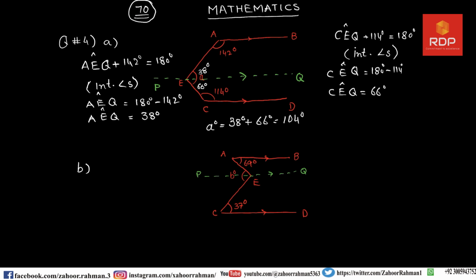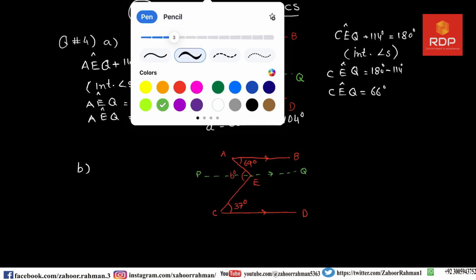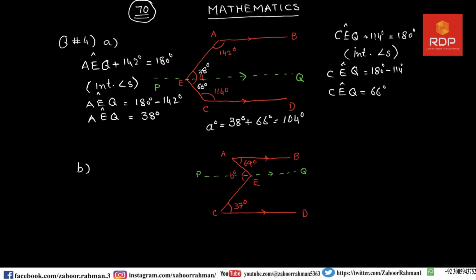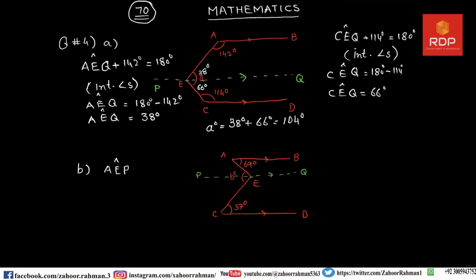So let's do it. First of all, we are finding the value of the first part. Let us say AEP is equal to 69 degree, and that is due to the alternate angles because AB is parallel to PQ.